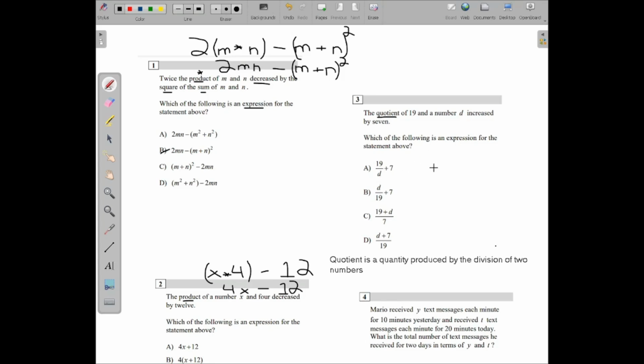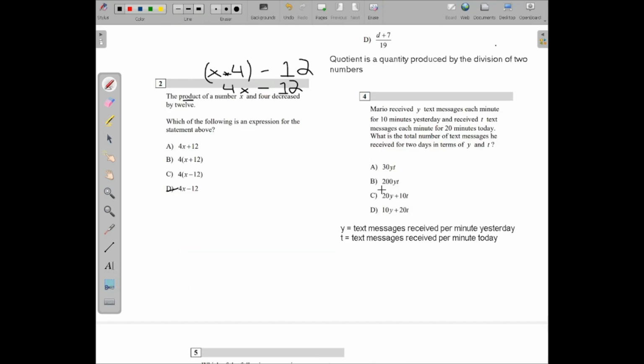So the quotient has to be 19 over D. Is increased. Increase means add 7. And our answer is A.